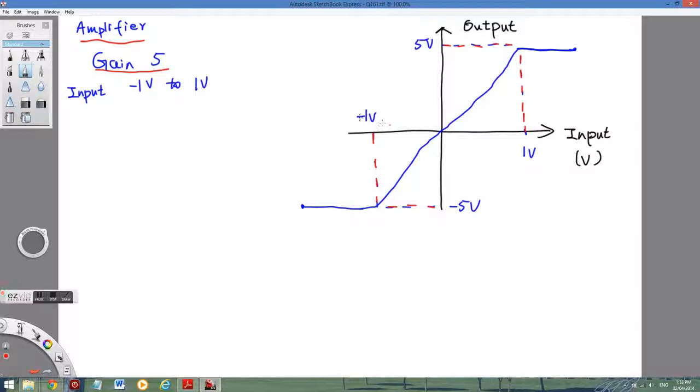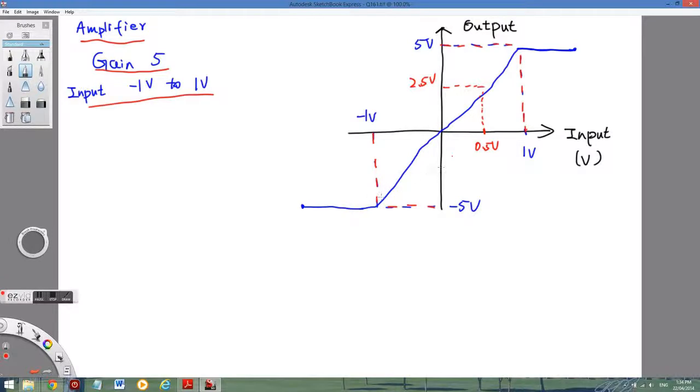Between the domain of minus 1 volt and 1 volt as an input, we have a linear line, and the gradient in this case is 5. If I input 1 volt, the output should be 5 volts. If the input is 0.5 volt, on the graph it should be 2.5 volt. Again, the gain is 5.